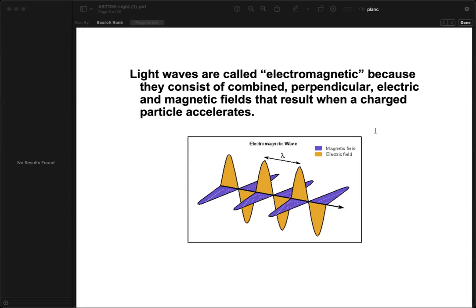Okay, it looks like an upside down Y. This is what we call it, and this is how it is written. And this represents the wavelength.